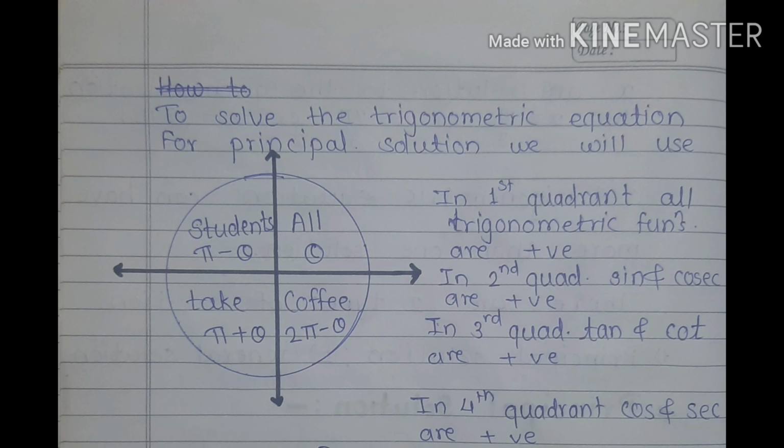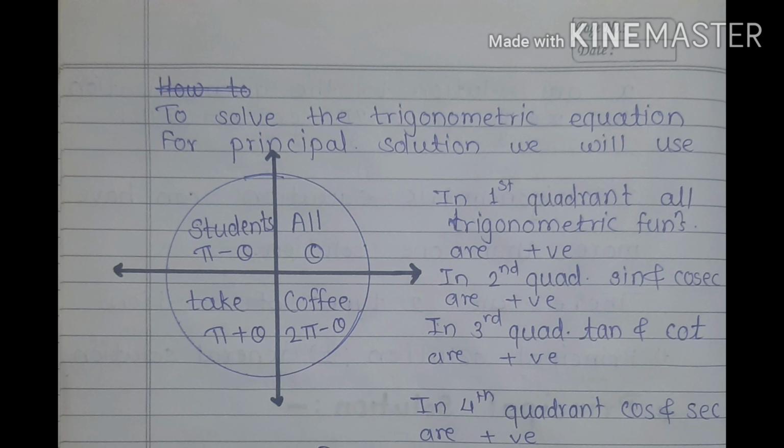We know that there are 4 quadrants. In first quadrant, all trigonometric functions are positive. In second quadrant, sine and cosec are positive. In third quadrant, tan and cot are positive. In fourth quadrant, cos and sec are positive.